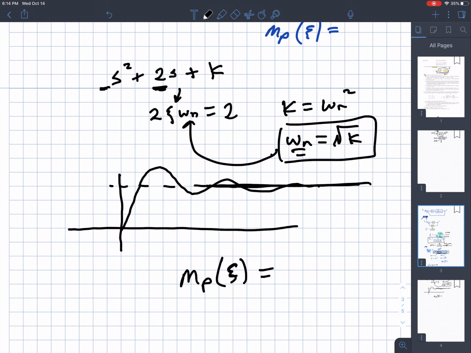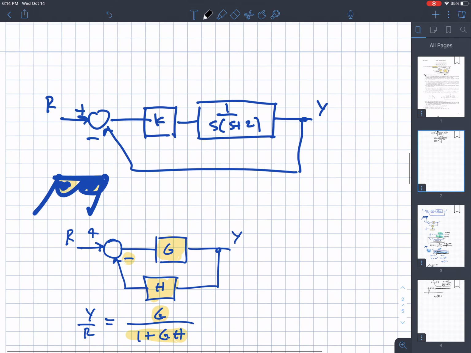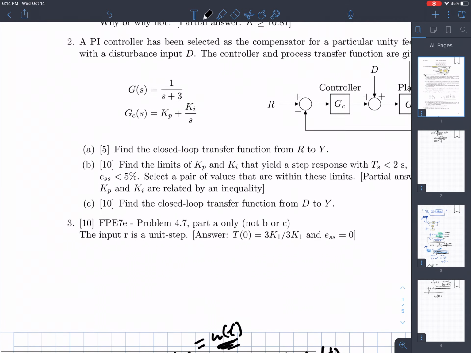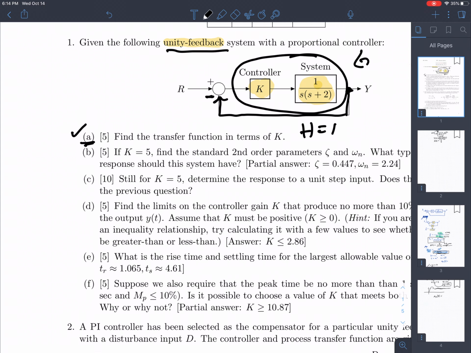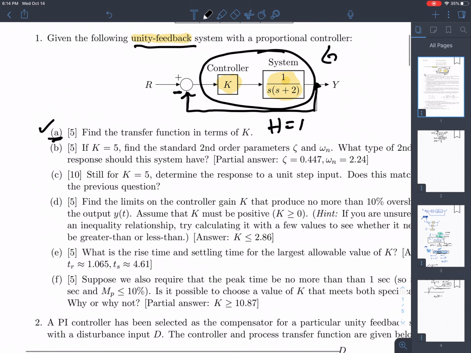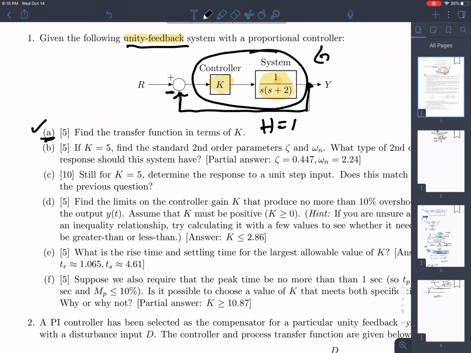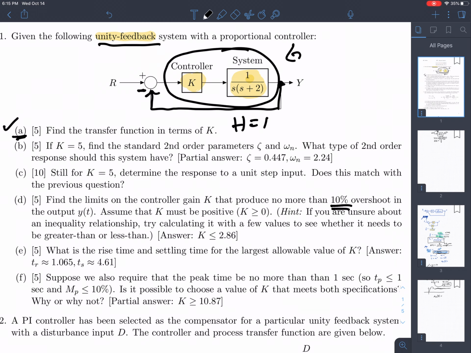And so one of the parts up here asks if we're going to limit our overshoot to 10%, what k value, what's the limit on k that will give us no more than 10% overshoot?